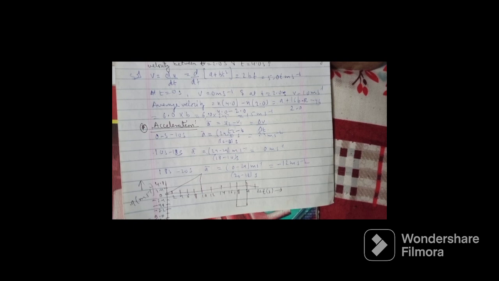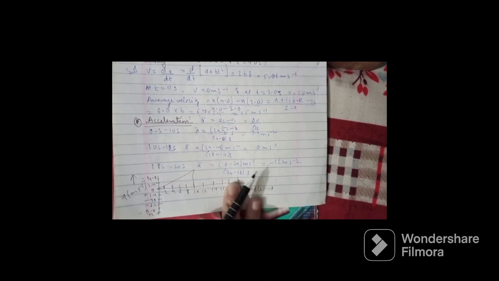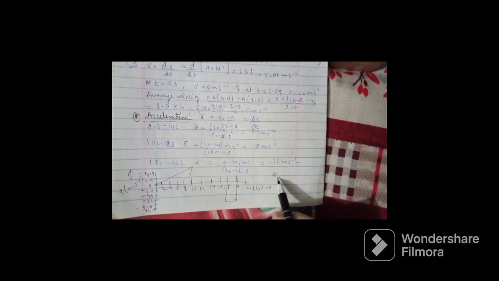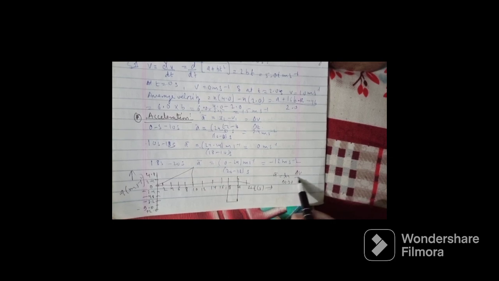Instantaneous acceleration is defined in the same way as instantaneous velocity. So a equals the limit as delta t tends to 0 of delta v by delta t, which equals dv by dt.